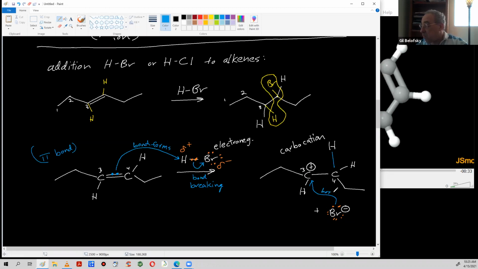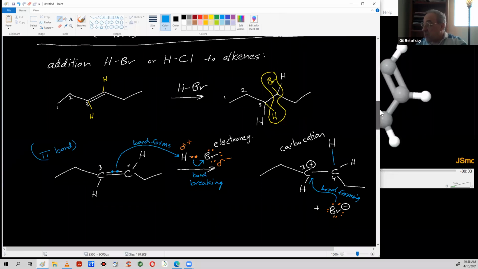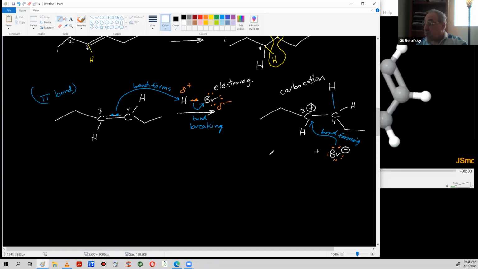Bond forming. And the result of that bond forming is, once again, everything else the same. That hydrogen was added, and now the bromine is here with the final bond being formed right there.